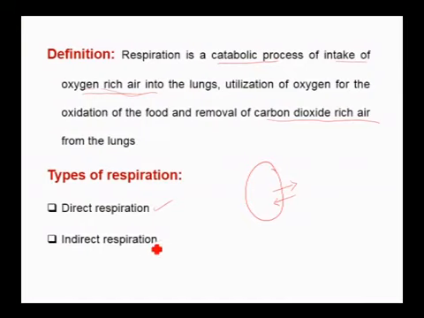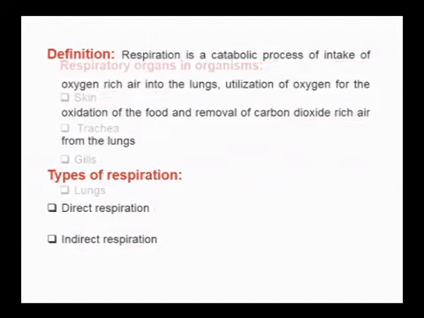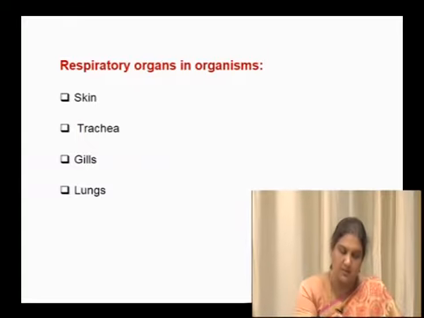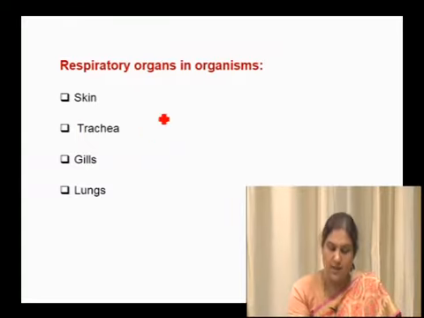But in indirect respiration, from the surroundings, the air enters into the lungs, reaches the blood, and from the blood it is carried to the cellular site. So, we say it is indirect respiration. The respiratory organs amongst different organisms may be skin, trachea, gills, and lungs.